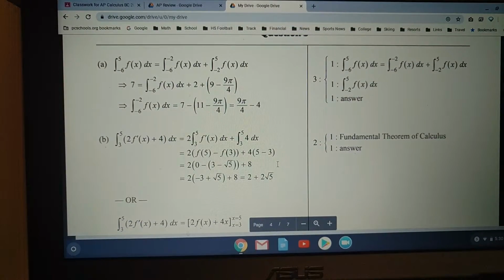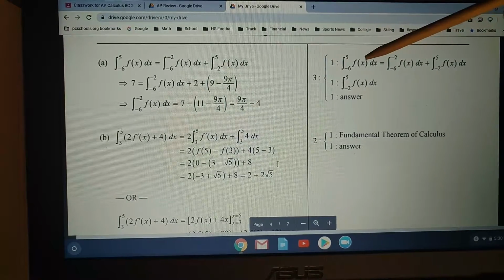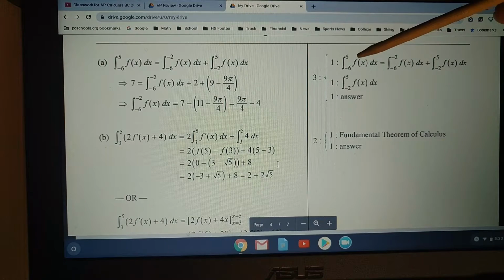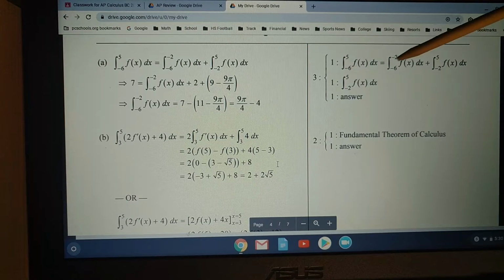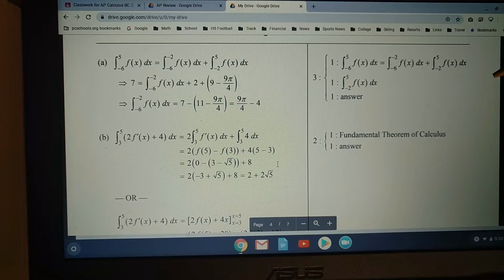So question number 3, you get 1 point for identifying that you must break this integral up into these two separate integrals. You must go from -6 to -2, and then add to that from -2 to 5. Knowing you have to break it up like that gets you 1 point.